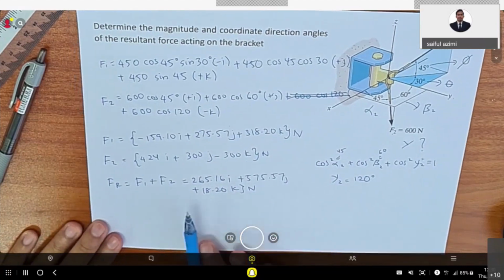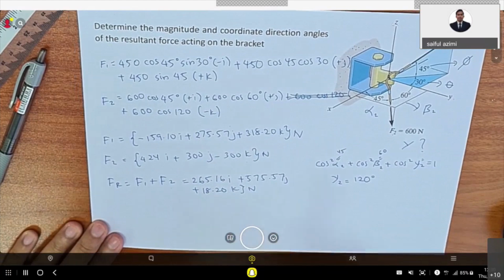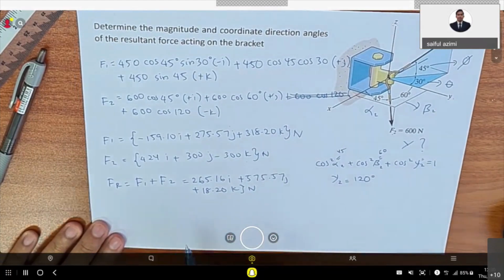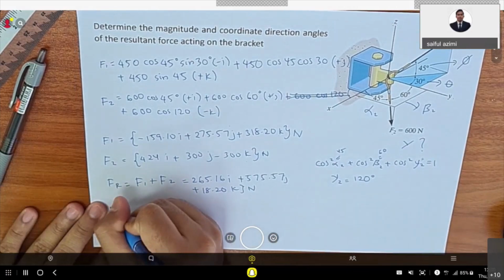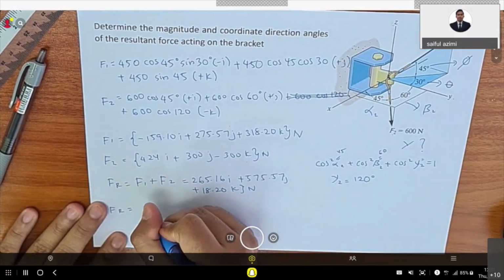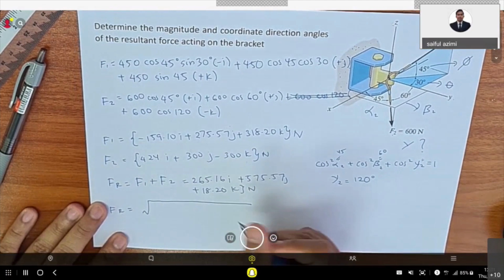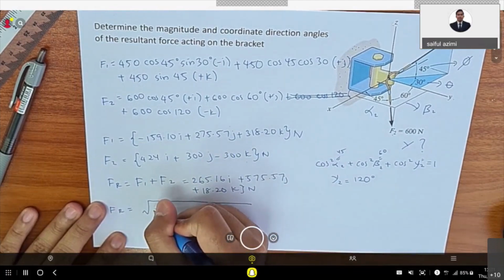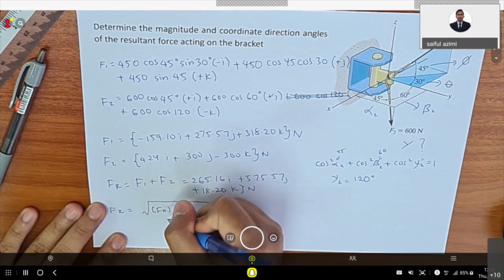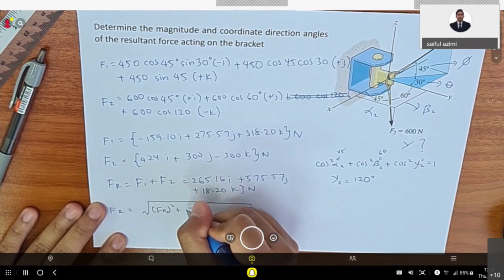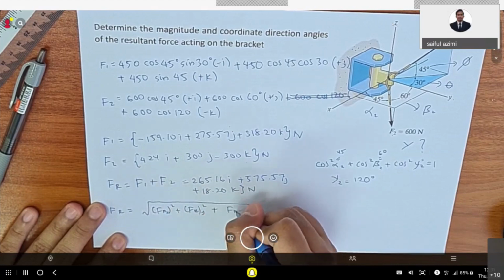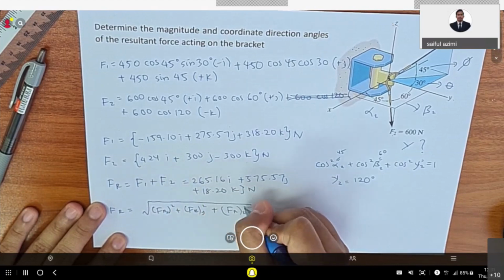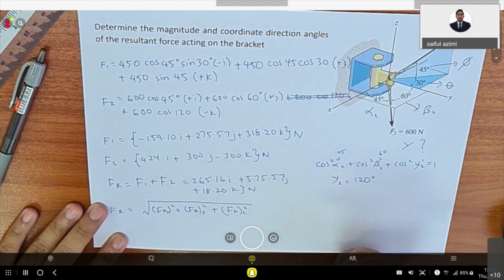So this is your resultant force. It's like a summation. But your magnitude is, as usual, Fr equals the square root of Frx squared plus Fry squared plus Frz squared.